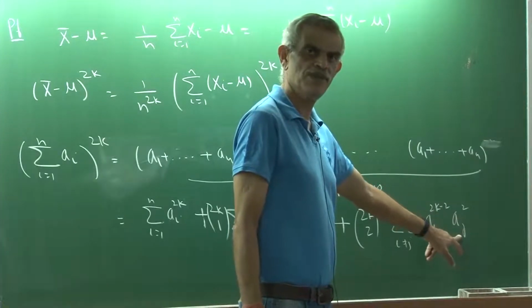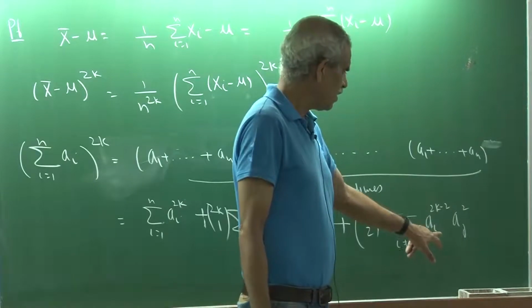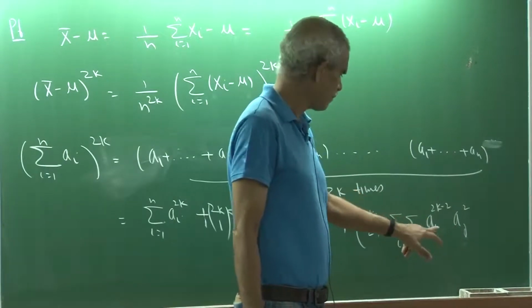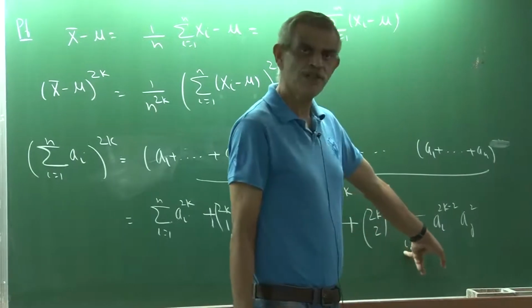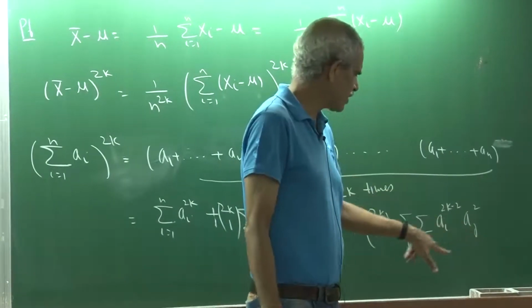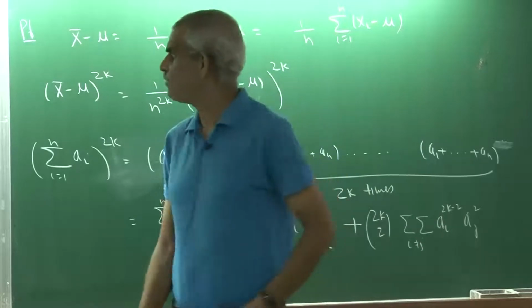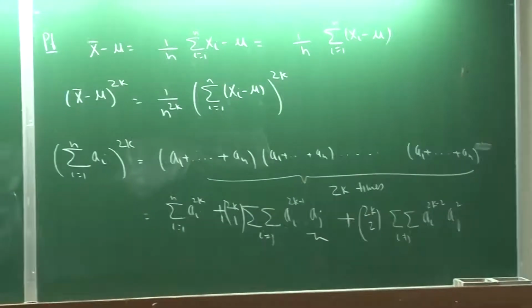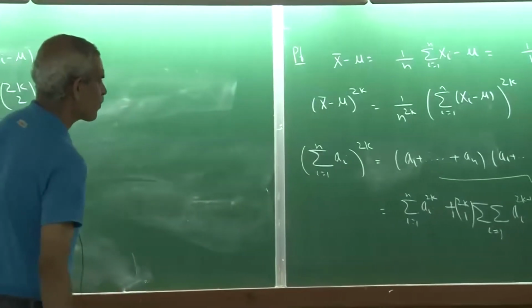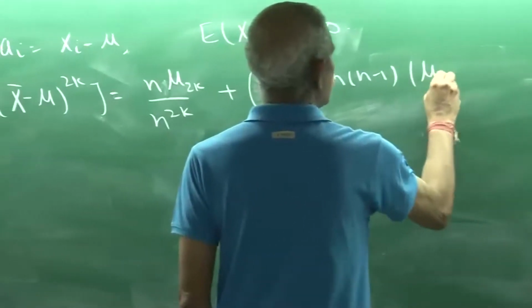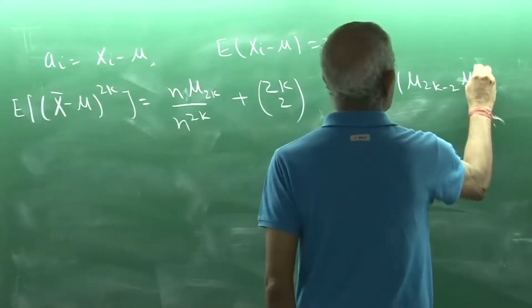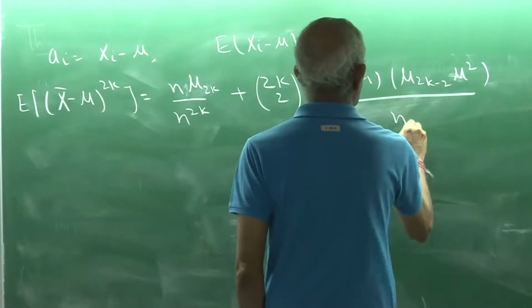Expected of xj minus mu whole square is sigma square, or mu 2. This is mu 2k minus 2. And i not equal to j, because they were IID, so all of them would be the same. i not equal to j would give me n into n minus 1, of mu 2k minus 2 into mu 2, divided by n to power 2k.